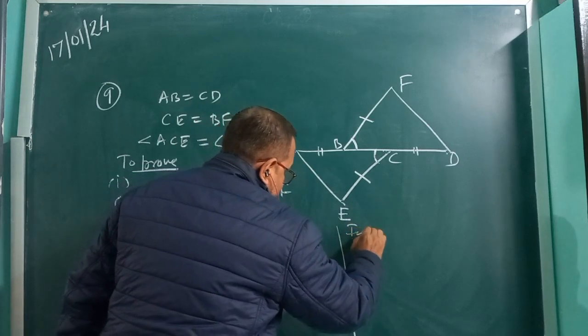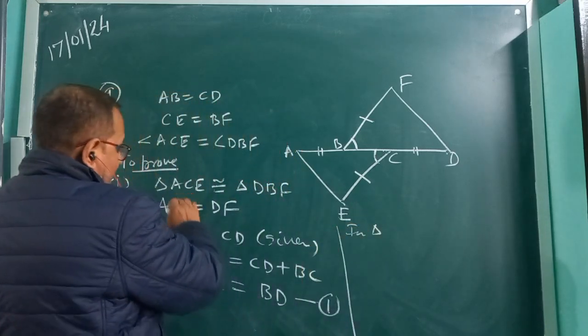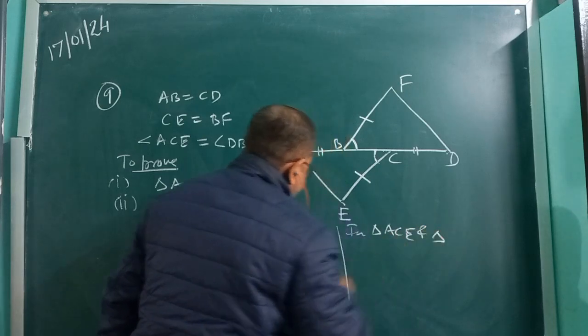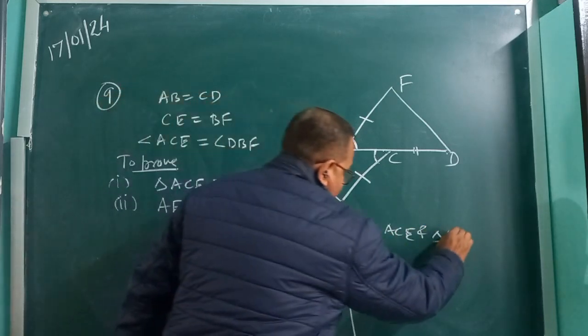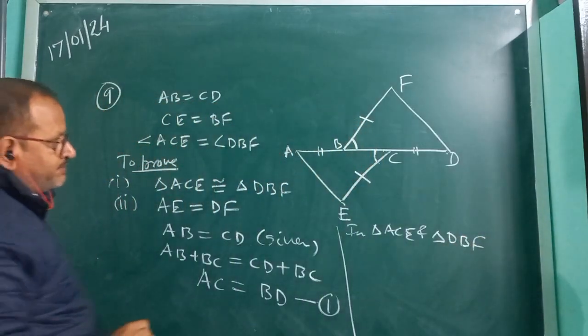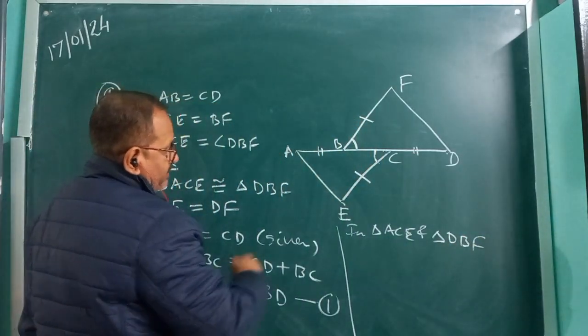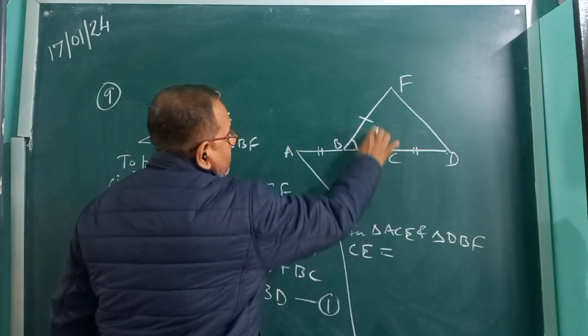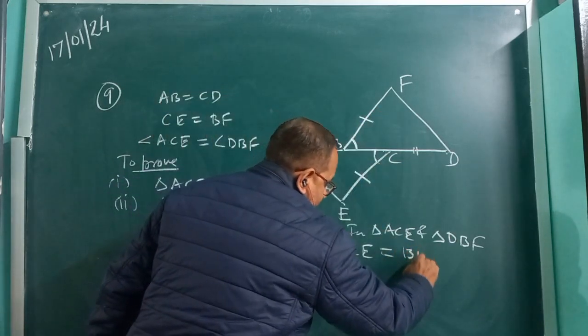Now write in triangle ACE and triangle DBF. In these two triangles, CE is equal to BF. It is given.